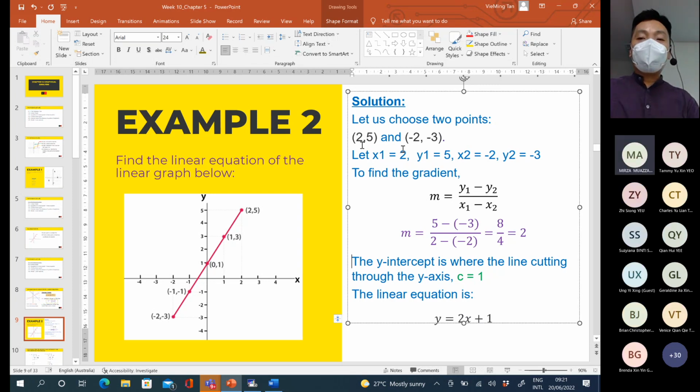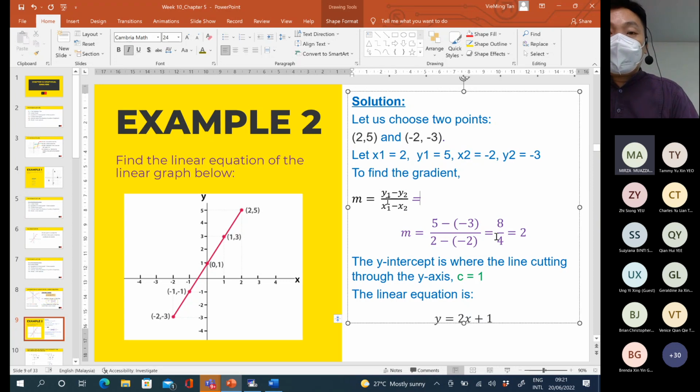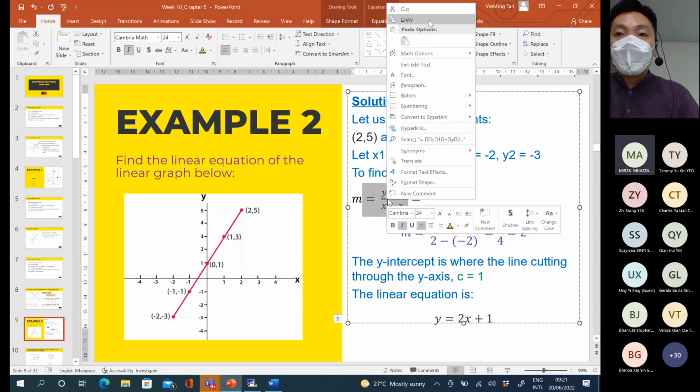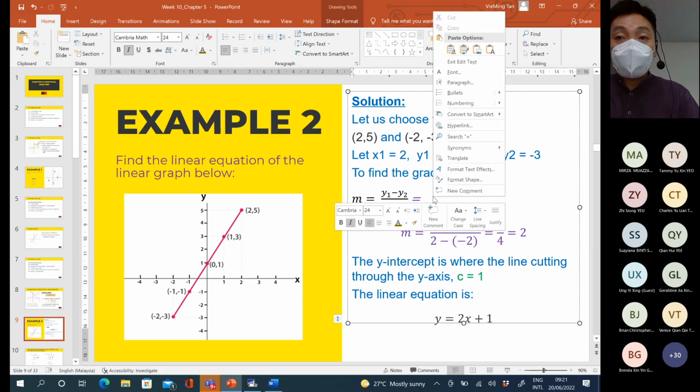Some students may ask, in school, some of you may use another formula for this m here. Instead of putting y1 first, some schools use this formula but with the sequence putting y2 in front, followed by y1. It's also okay, it's fine.